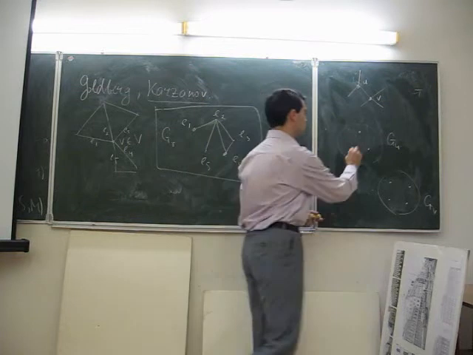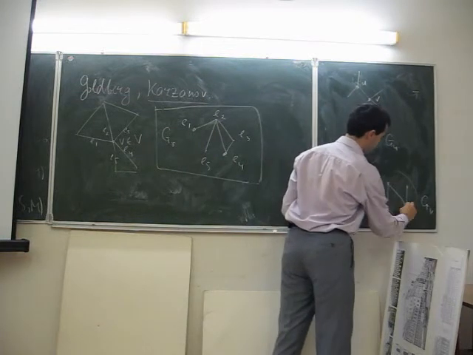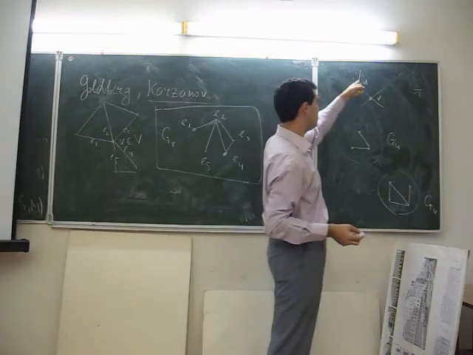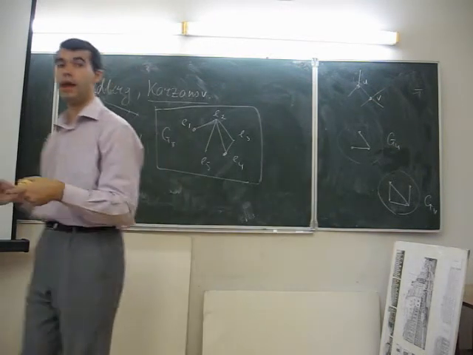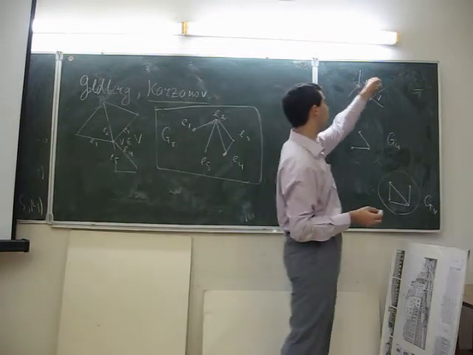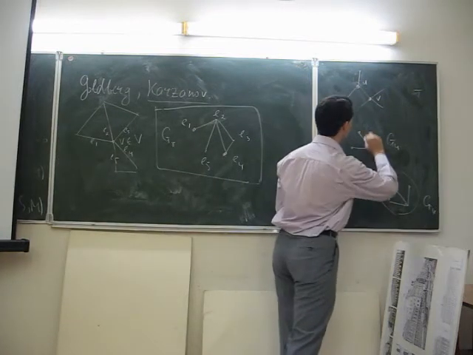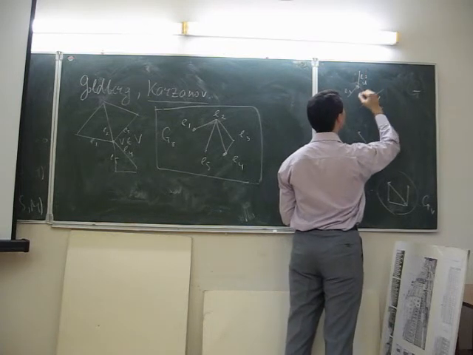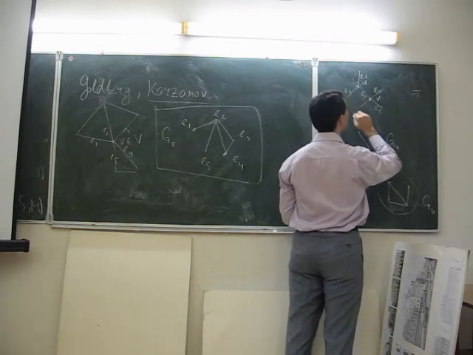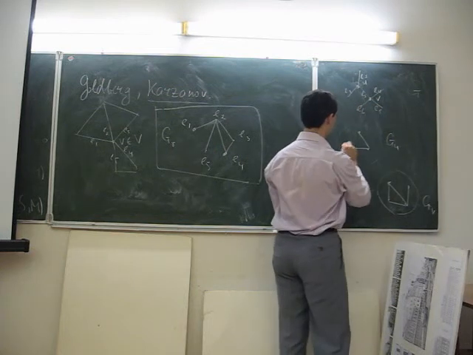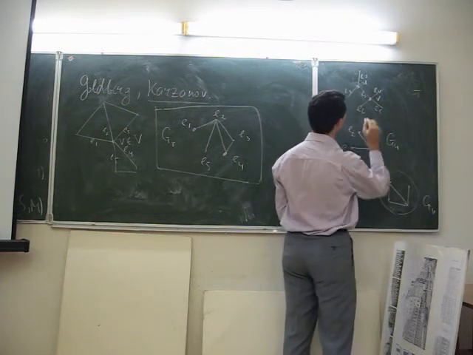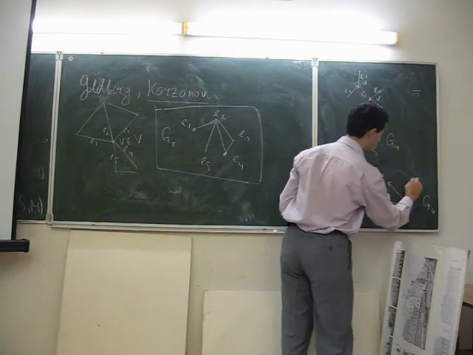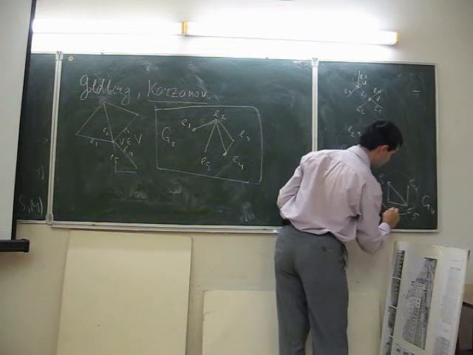So each node here is replaced by the corresponding graph. And if you have an edge which connects U and V, with edges E1, E2, E3, E4, E5, and E6, that would be here E1, E2, E3, and here again, for example, E3, E4, E5, and E6.